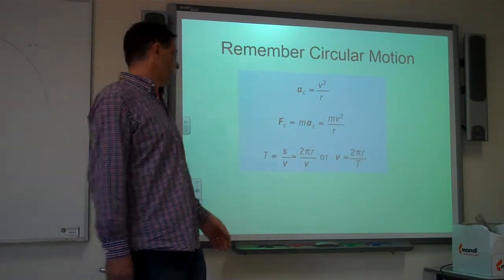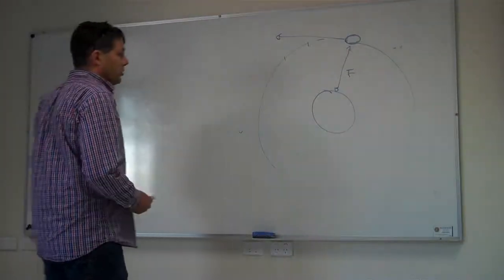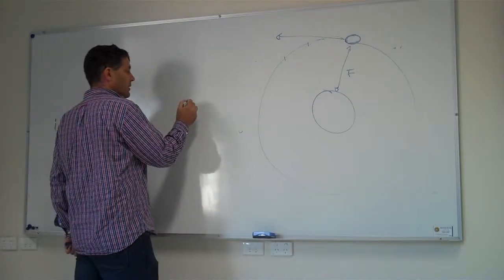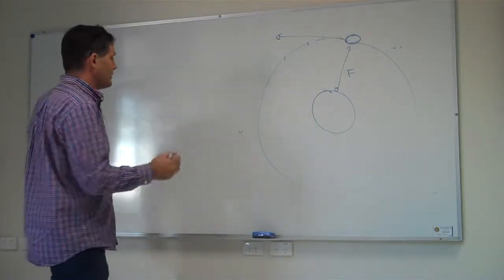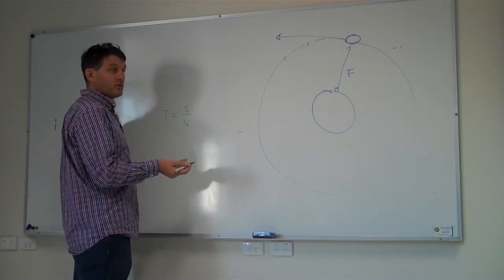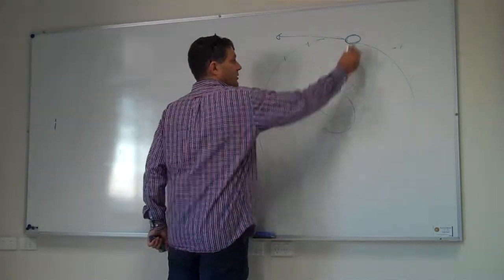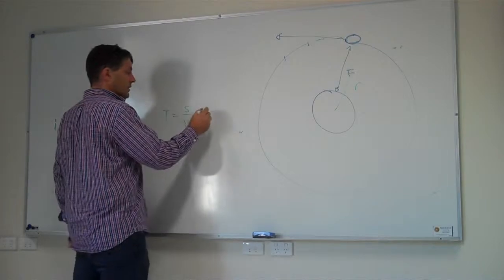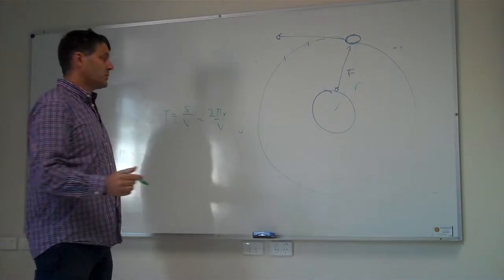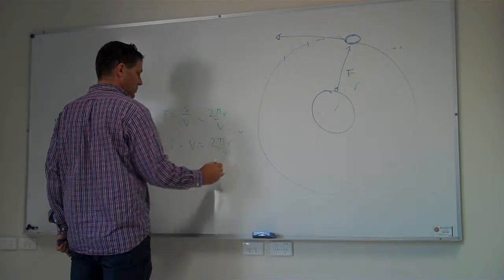And since we have the period, or the time it takes to do one circle, the period is equal to the distance travelled divided by the velocity. The distance is going to be 2 pi r, so v equals 2 pi r on the period.